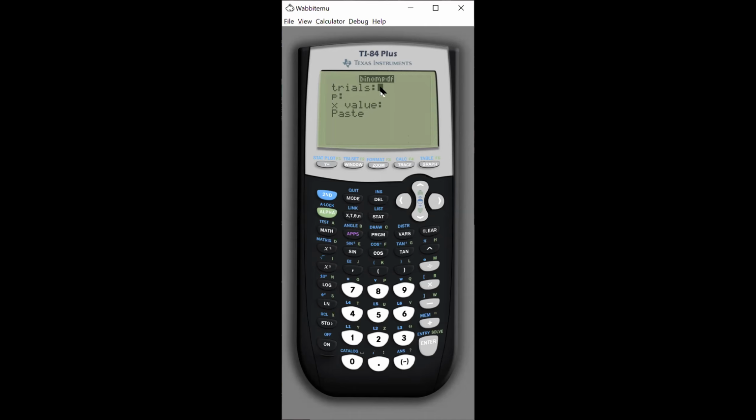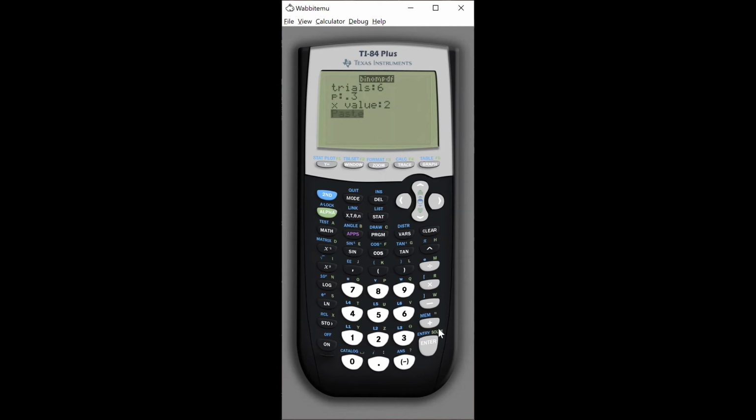Trial is your n. So in this scenario, what was our n value? Now if you want, you can put it into the chat. 6. 6, perfect. All right. What was our p value? 0.3. Yeah, perfect. And lastly, what was our x? 2. 2, perfect.